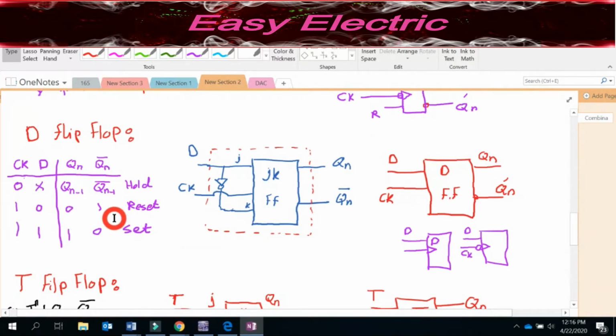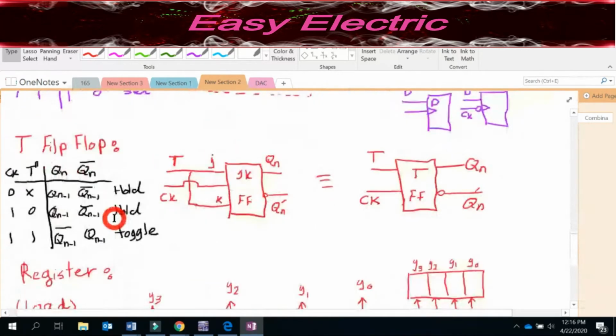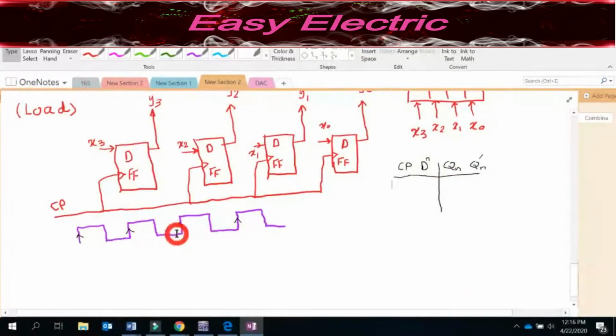But here I have the rising edge, right? So this is the rising edge. Whenever this is the falling edge, I don't consider that as a rising edge. Similar to when we put don't care for 0, here, because this is a rising edge, whenever this is the falling edge, it should be hold, right?